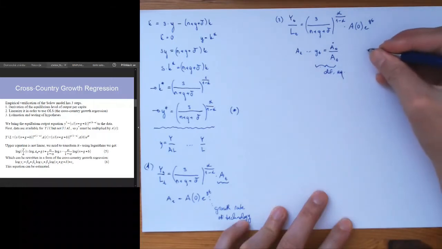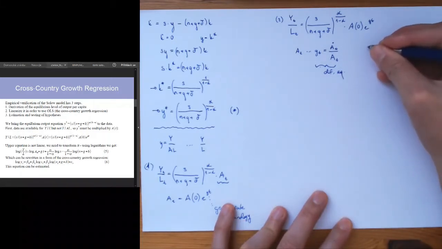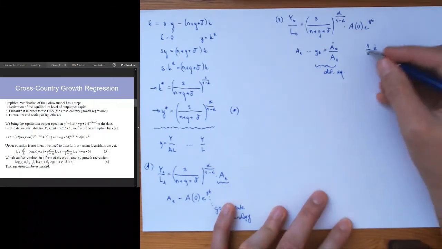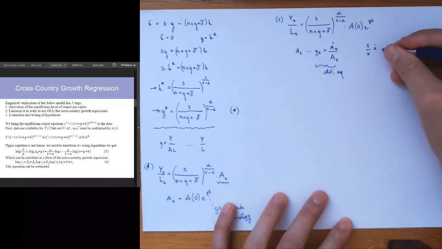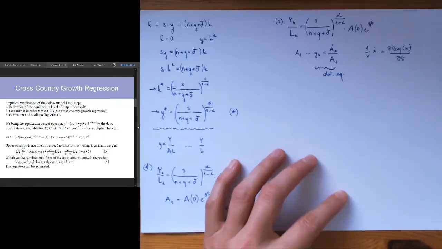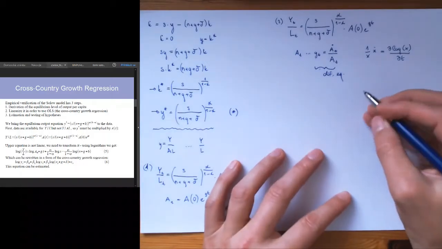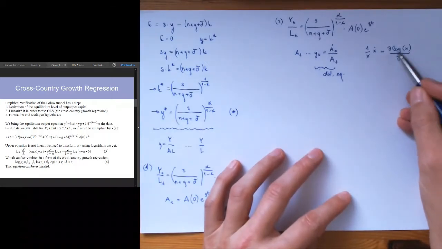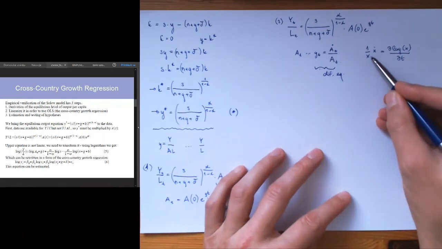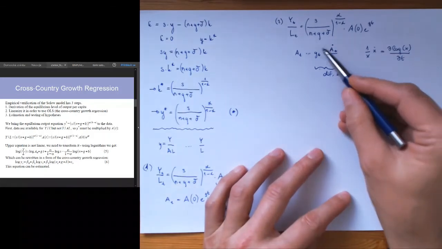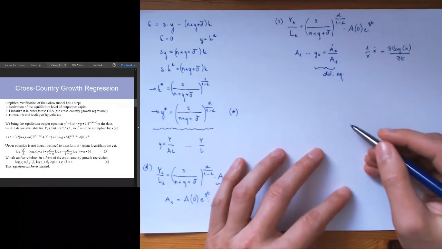There are some properties of differential equations, some rules of derivation, which state that 1 over x times x dot equals the derivative of the logarithm of x with respect to t. Since the derivative of a logarithm of x equals x dot over x, we can use it to solve this simple differential equation.